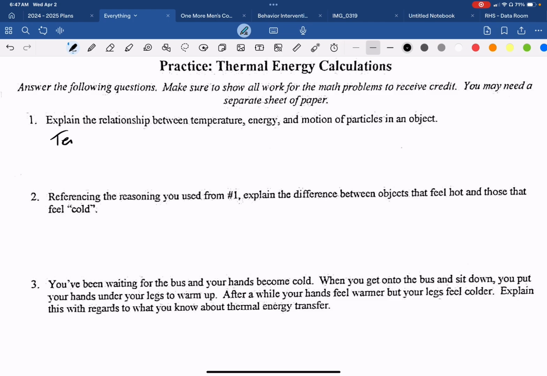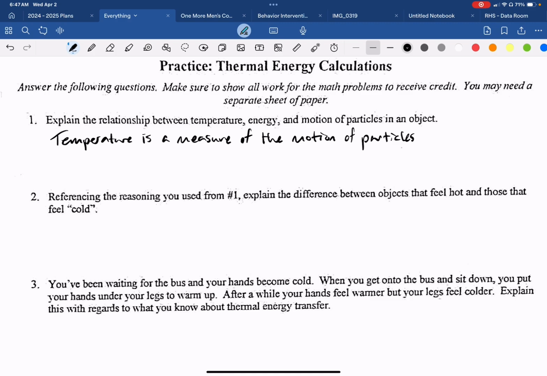Well, temperature is a measure of the motion of particles. And how does energy relate to that?